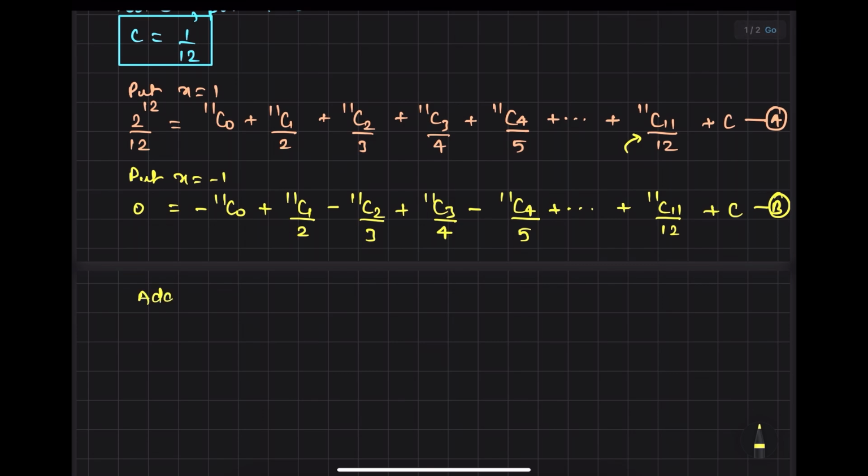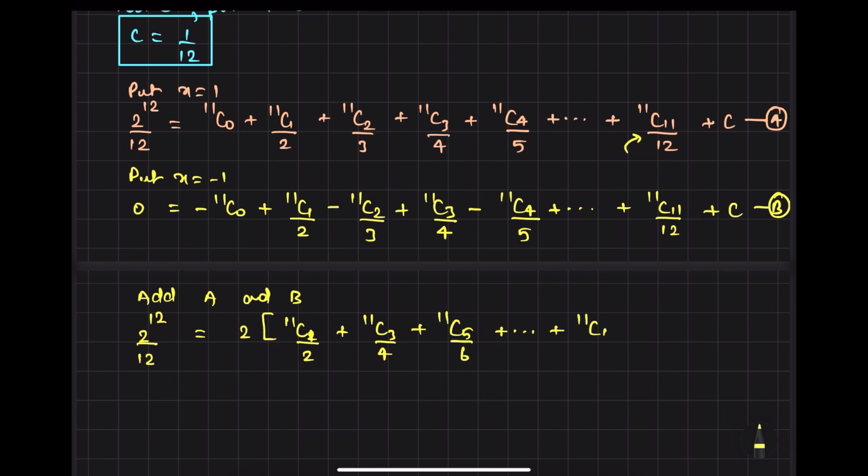Add equation A and B. If you add, on the left hand side you will have 2 power 12 by 12 is equal to 2 times 11c1 by 2, 11c3 by 4, 11c5 by 6 dot dot dot, 11c11 by 12, and since you are adding, c plus c will become 2c.